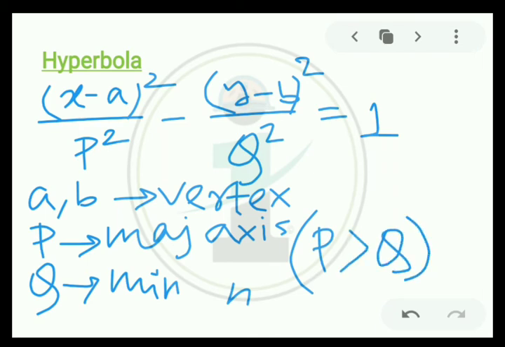If the opposite is true, that is, if q is greater than p, then the reverse is true. That is, q will be the major axis and p will be the minor axis.